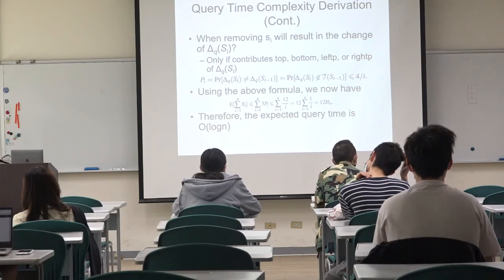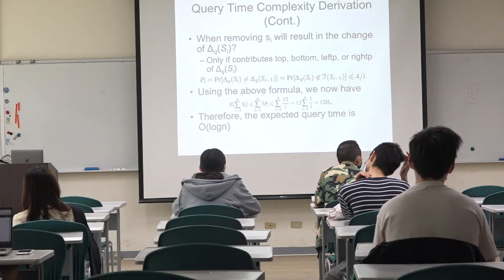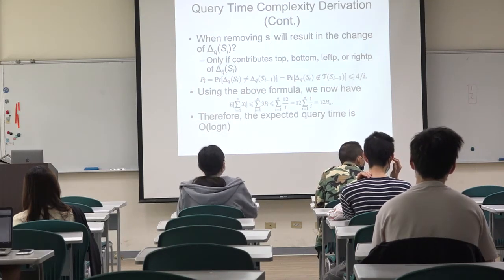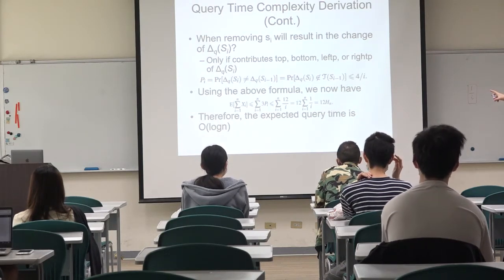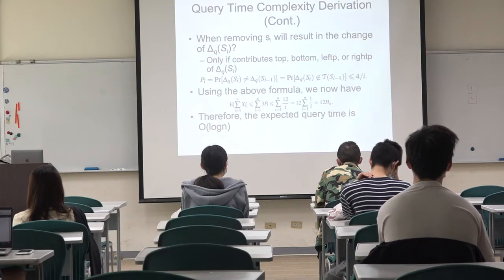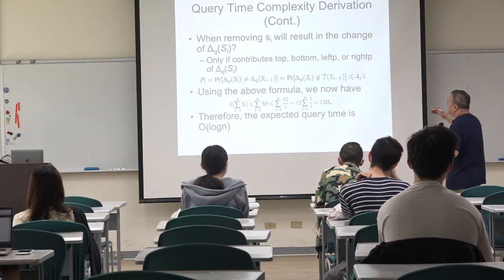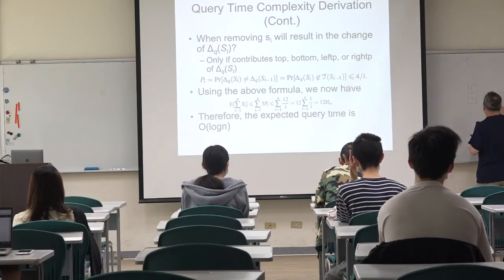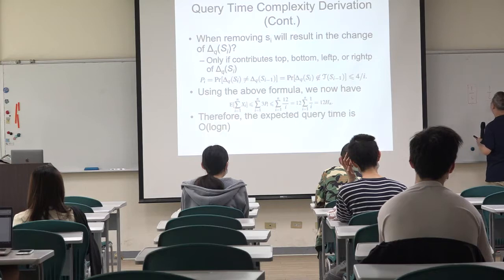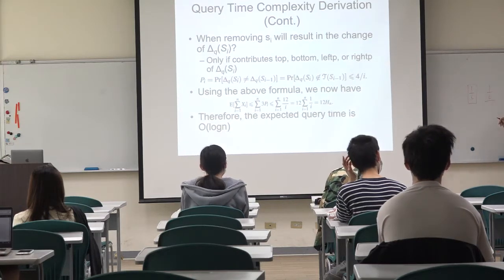Because it's a randomized algorithm and we have i segments, every segment will have the same probability to serve as the top of this trapezoid, which is 1 over i.